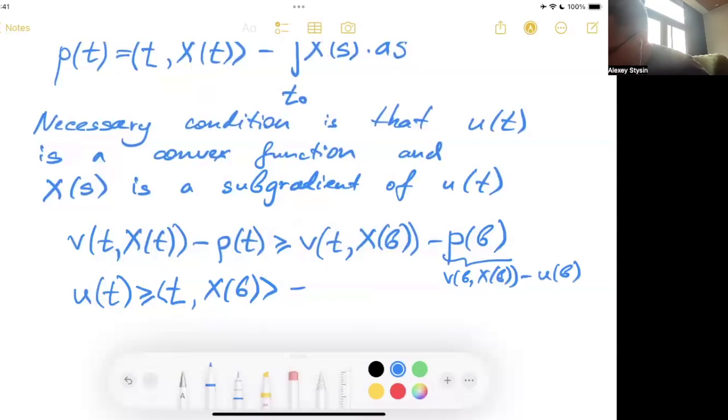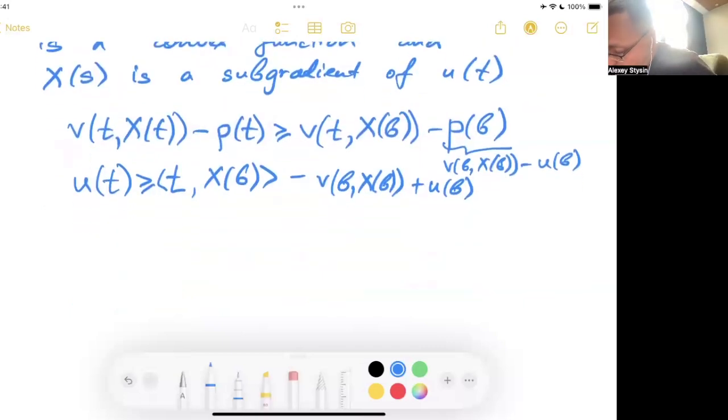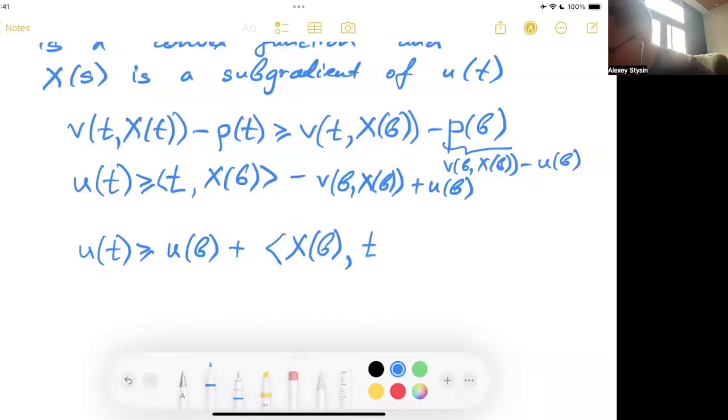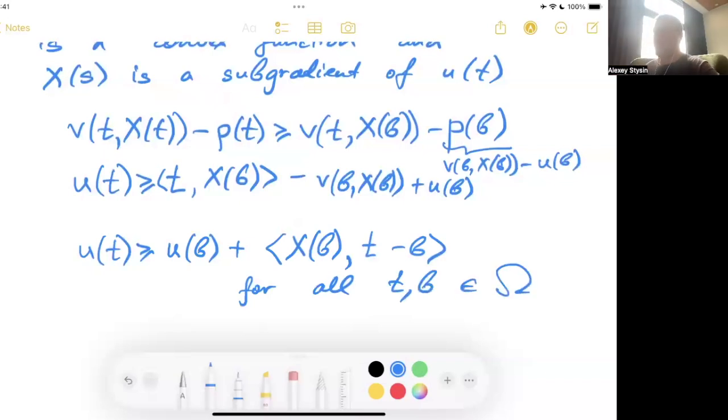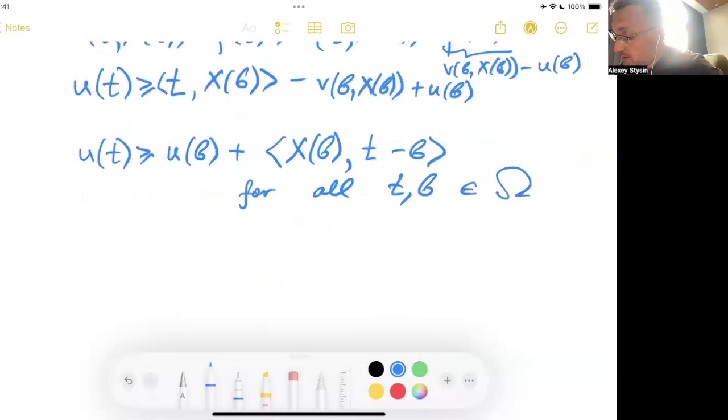So this is going to be minus v of b and x of b plus u of b. Okay, so what we get here is that u of t is greater or equals than u of b plus scalar product of x of b, t minus b, for all t and b in our set of possible types. So what does it mean?